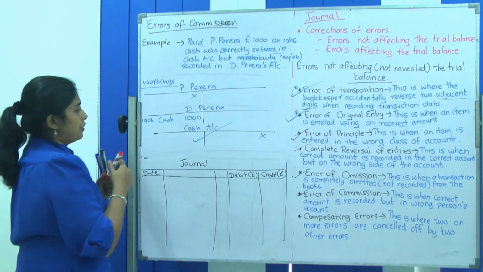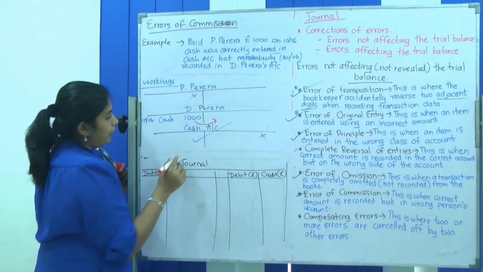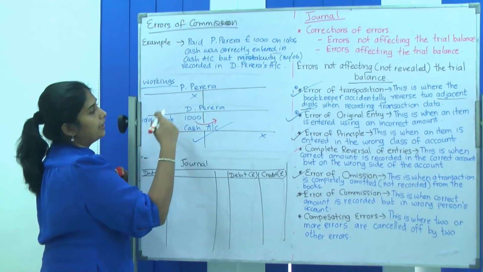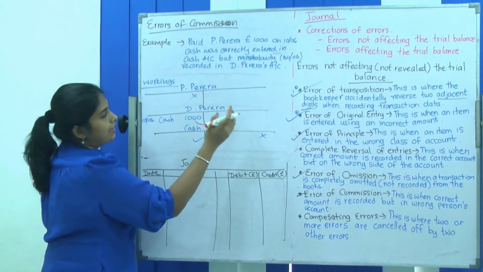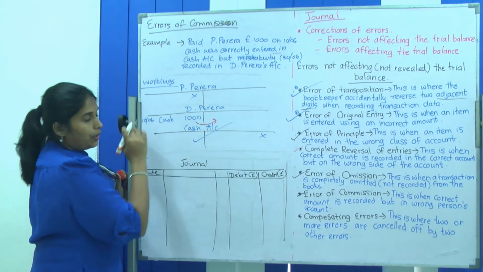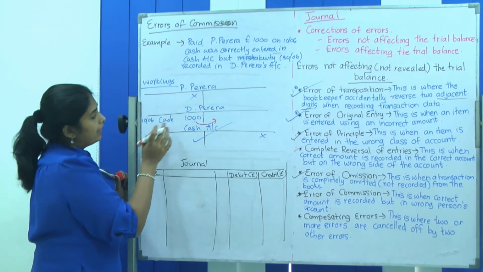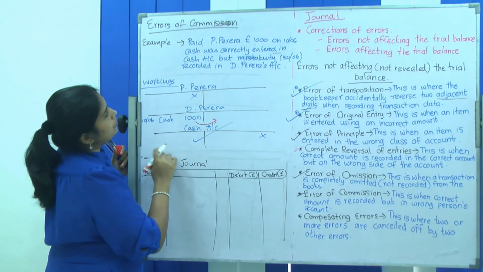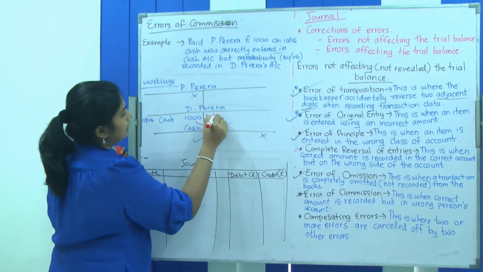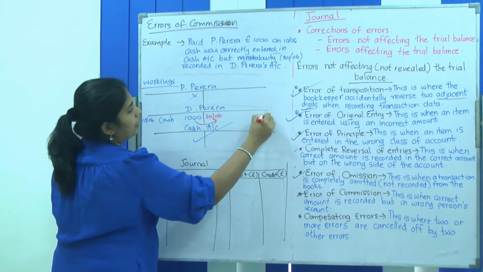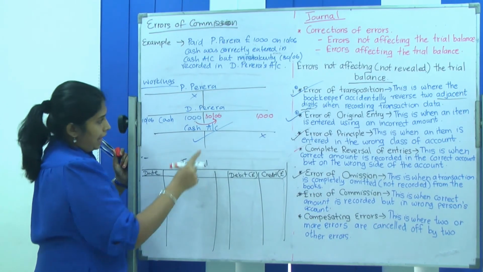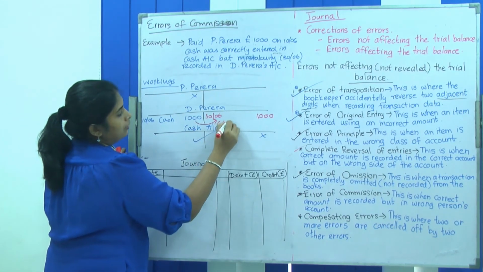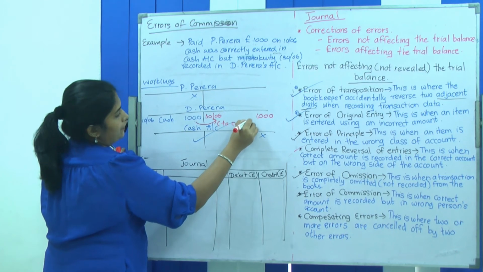To cancel, you have to do the opposite. If they have debited, then to cancel you have to credit. If it's on the credit side, to cancel it you have to debit. So in D. Pereira's, it's on the debit side, so to cancel it, on 30th June when it was found, you have to credit it. This one you are recording to cancel.